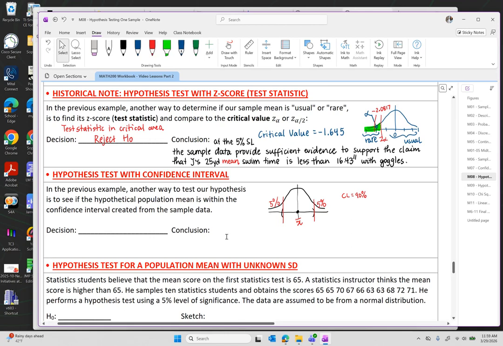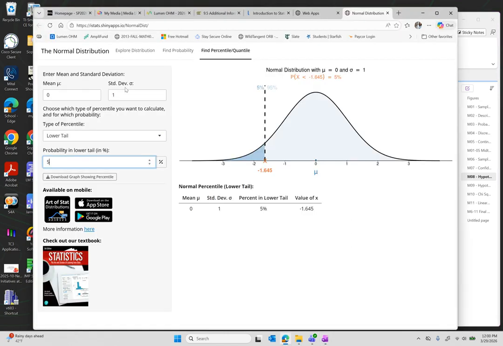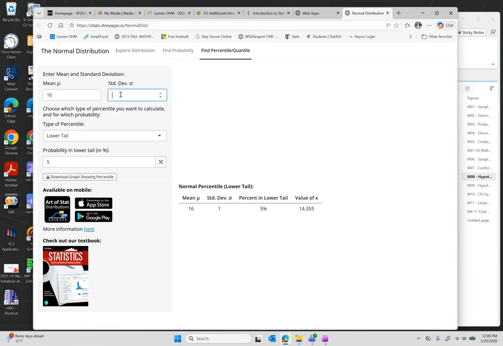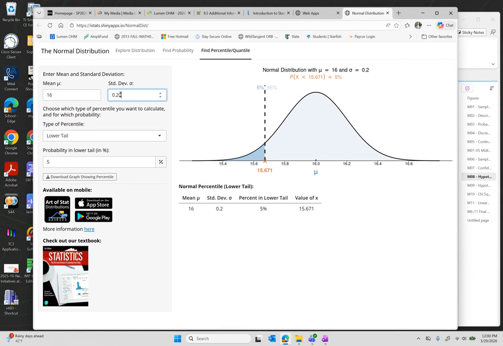So if I go in Art of Stat and I try to find again percentile and quantile, I want this time for the confidence interval the mean to be a 16, and I want the standard deviation to be the standard deviation of the distribution of the sample mean. And if you remember, that was 0.206559118.